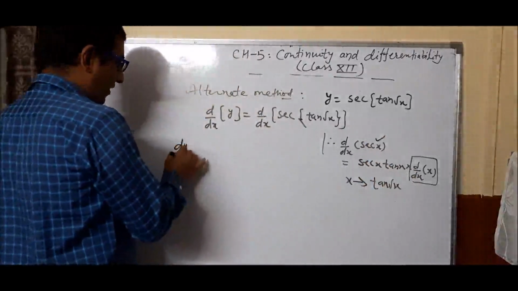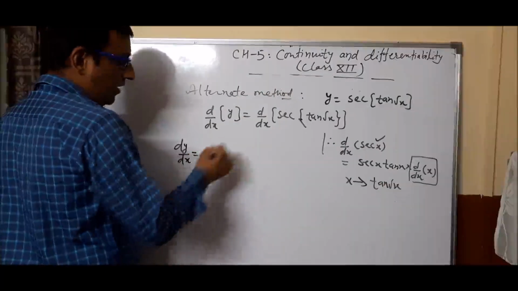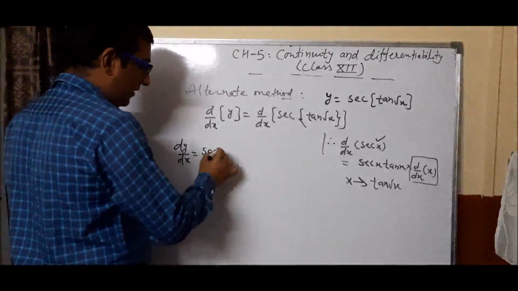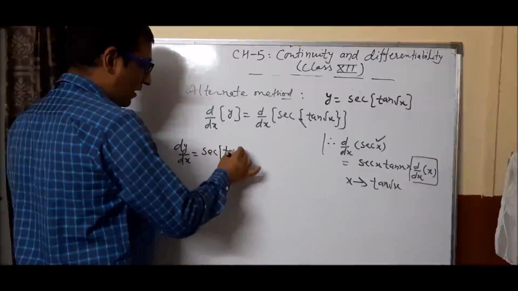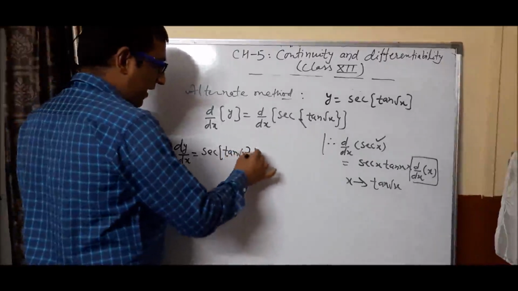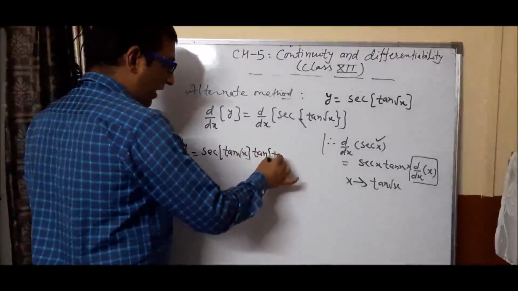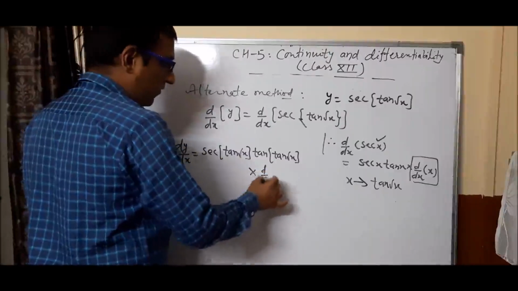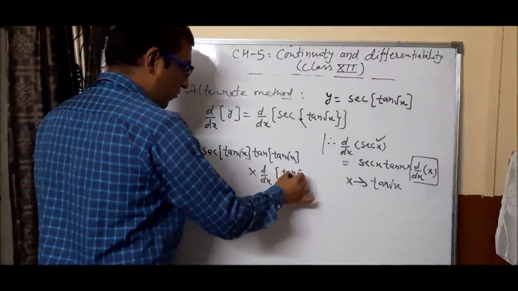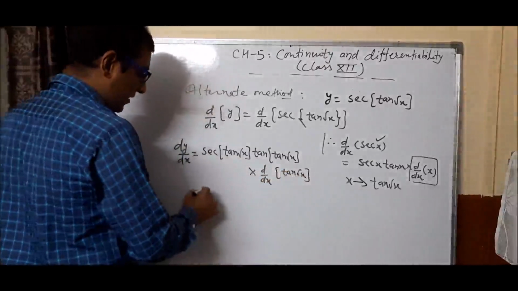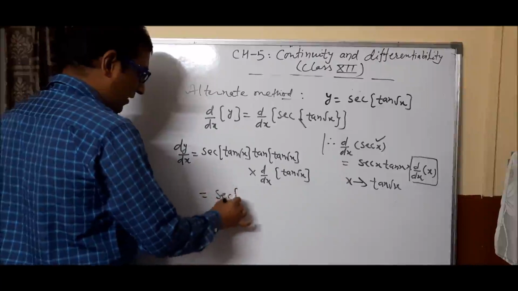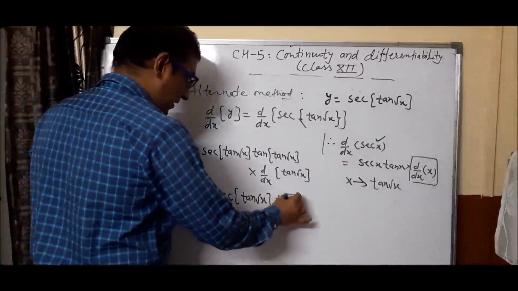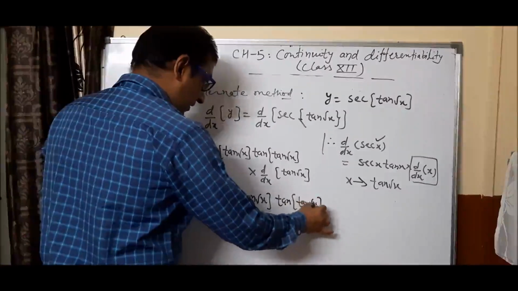If we put it here, it becomes dy by dx equals, as per that formula, sec of tan root x, then tan of tan root x, into d by dx of tan root x.